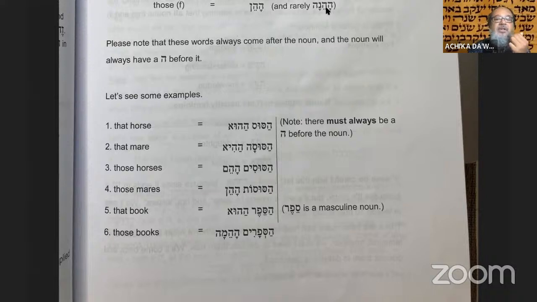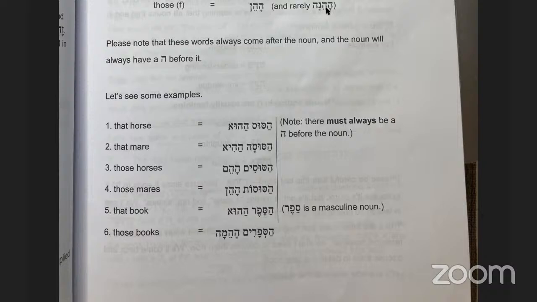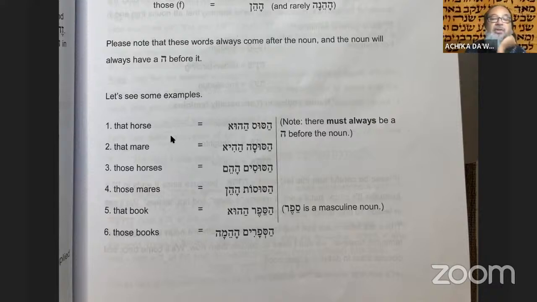Okay. Now, how do you say those mares? Sasuzot. Yes. Now we know that it's feminine, right? What we see is a dot inside of that samekh right there.